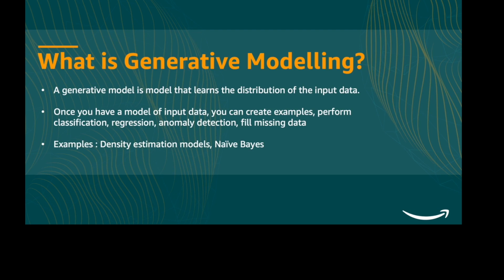For example, if all the parameters are numeric, then you might want to assume that your input data is distributed as a multivariate Gaussian model. Once you have that assumption, all you have to do is estimate the parameters of that multivariate Gaussian model, which you can estimate using maximum likelihood estimation on the input data, right?